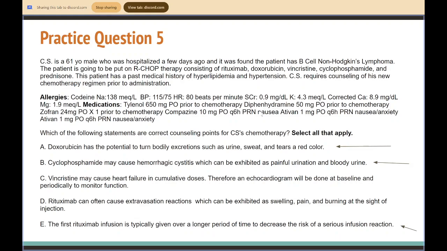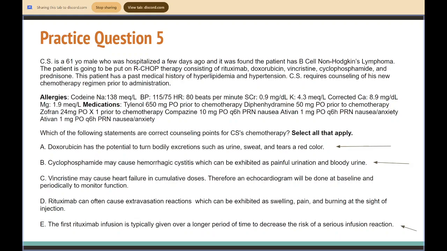So if you looked at the medication list, Tylenol, diphenhydramine, these are given prior to rituximab therapy to lessen infusion reactions. Good. Good job, those of you that attempted this question.